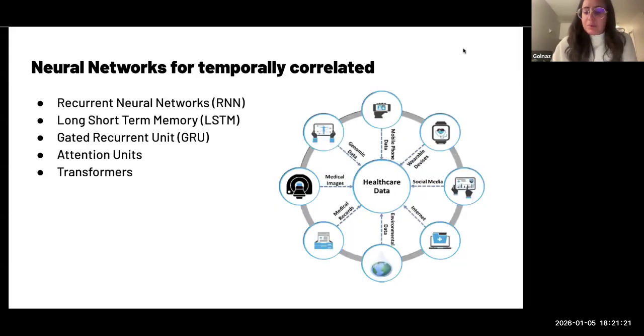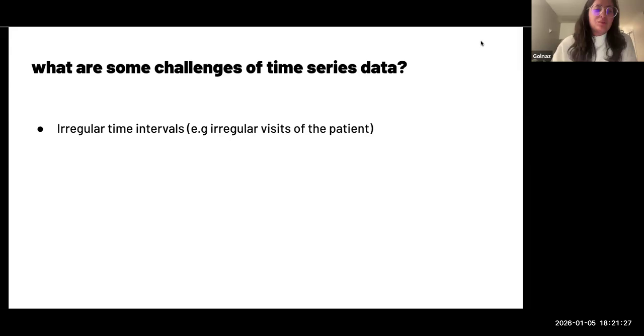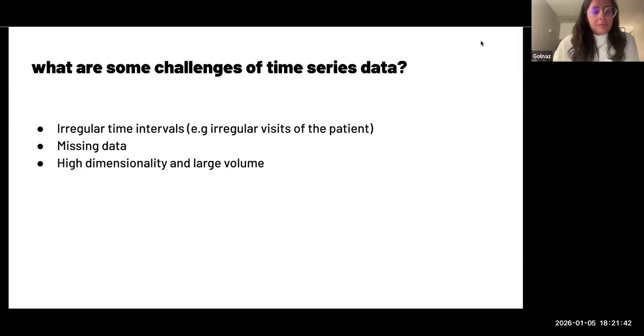Before that, I also want to mention that working with time series data can have a lot of challenges. There could be irregular time intervals, for example, irregular visits of the patient, so you need to figure something out if the data is irregular. For example, you have missing points, missing columns in your data set. The data is also high dimensional and usually large in volume.